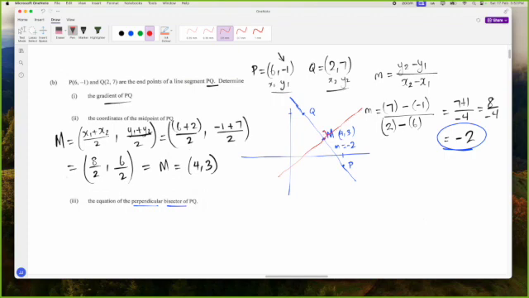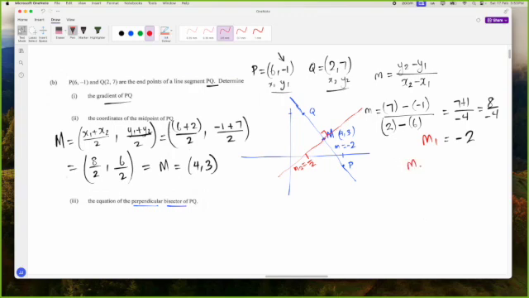If it is perpendicular to PQ, that means that the gradient of this line, let me call it M2, will have to be a half, because M1, the gradient of the first line, is minus 2.